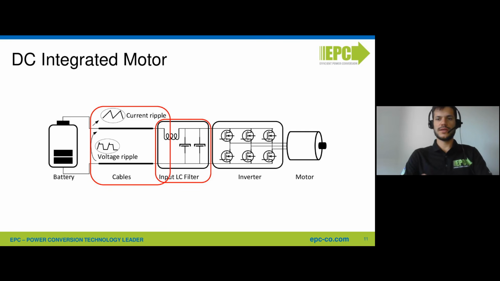So when a frequency between 20 and 40 kilohertz is used, and because there are physically some cables between the battery and the inverter at least 10-20 centimeters long, some EMI filters are necessary in front of the inverter.